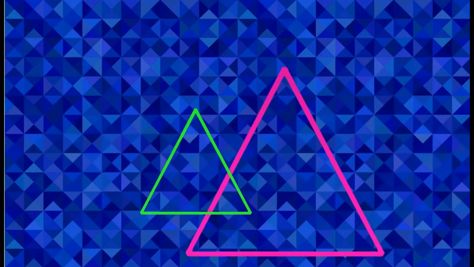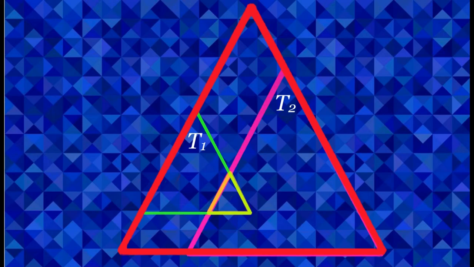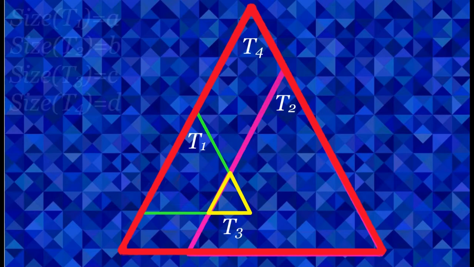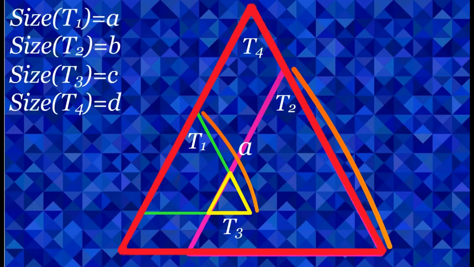Let us prove our lemma and look at the following illustration. To make notation less cumbersome, we denote by T3 the intersection of T1 and T2, and by T4 the sum of T1 and T2. Let T1, T2, T3 and T4 have sizes A, B, C and D, respectively.